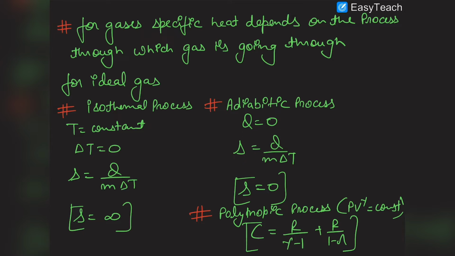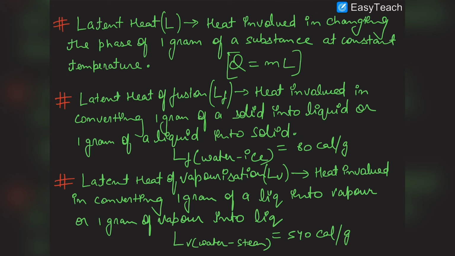So we can say that in an adiabatic process the specific heat of the gas is 0, and in a polytropic process, we would be deriving this formula later on in the part of KTG and thermodynamics, in which we can write the equation as PV to the power gamma equal to constant. So we can derive this formula that specific heat in the polytropic process is R upon gamma minus 1 plus R upon 1 minus x. This x is the polytropic constant, and gamma is the adiabatic constant Cp by Cv.